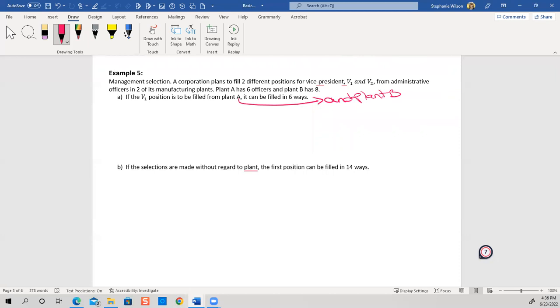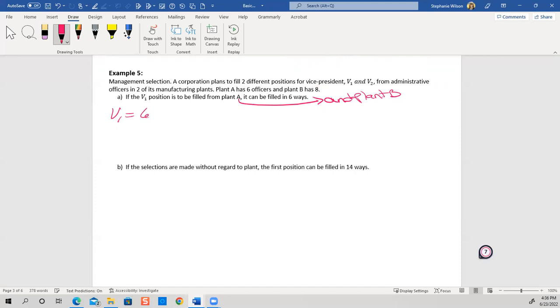Well, part A wants to know if the V1 position is filled from plant A and from plant B. We want to know what that answer is. So let's look at it. Plant A, V1, has 6 ways, right?